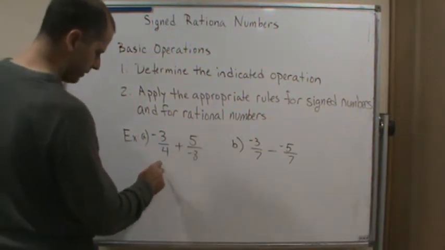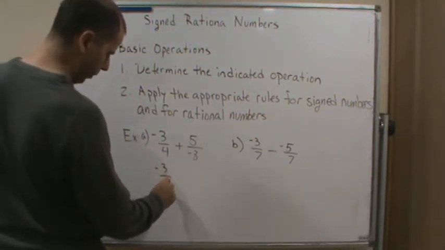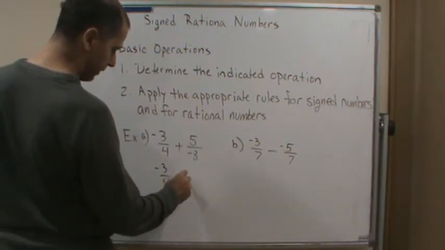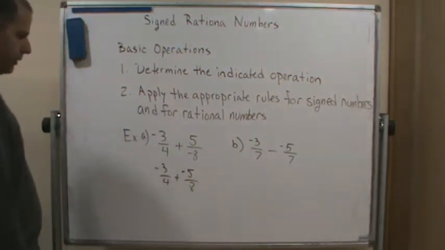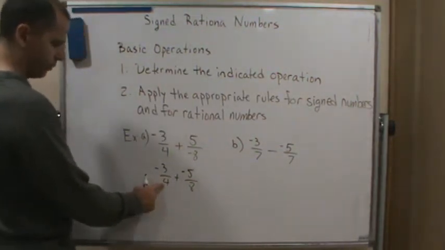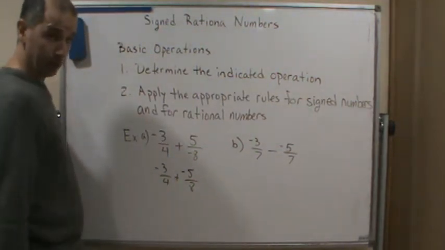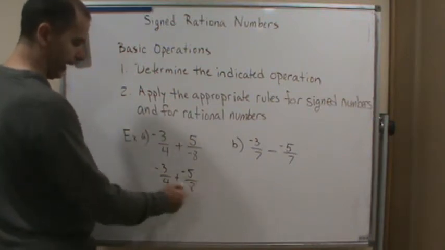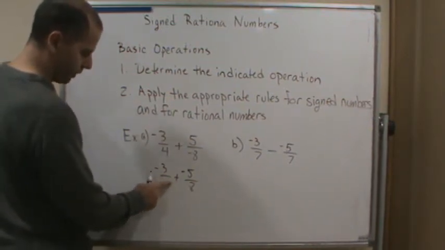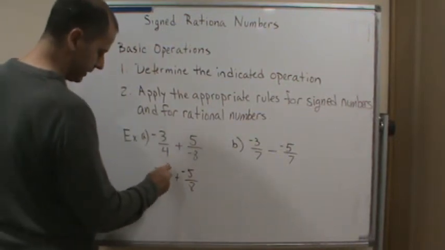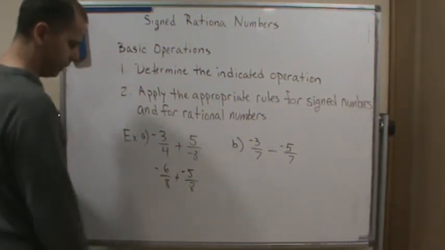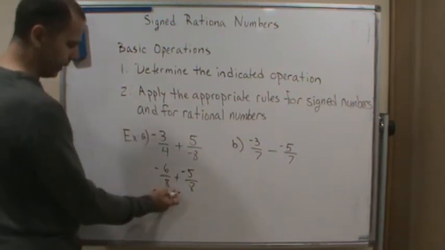Okay, so I'm going to write this as negative 3/4 plus negative 5/8, but with the negative on top. And I'm also going to write this with a common denominator, right? We have to have a common denominator in order to add fractions. So I'm just going to write this as 6/8, or in other words, negative 6/8. Okay? And now I've got eighths.